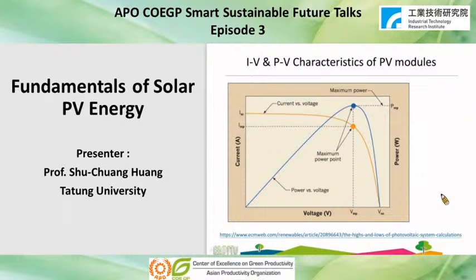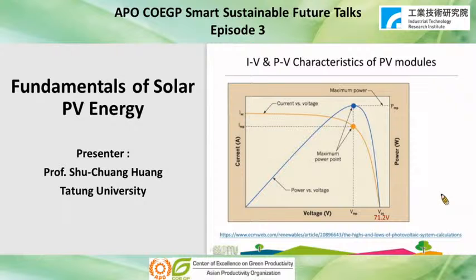So let's take a look at the IV and PV characteristics of the PV module. So the orange line represents the IV curve.